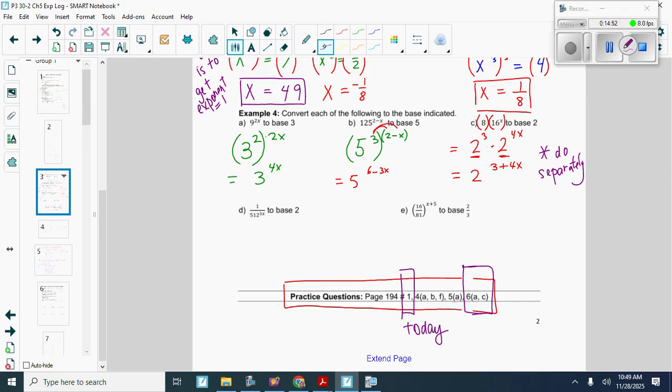Okay, guys, how about this one? No worries, if the numbers are on the bottom of a fraction, we're going to do the same thing. We are looking for 512. You tell me what exponent, 2 to the what will give me 512?